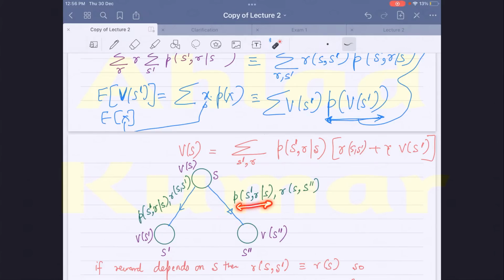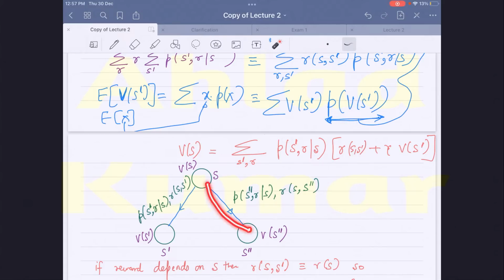You are going with this transition probability, and to be specific it will be S double prime here, and from here to here you are going with the probability which is given over here, the transition probability, and also the reward which is defined between S and S prime, that is the current state and the next state, is given like this.